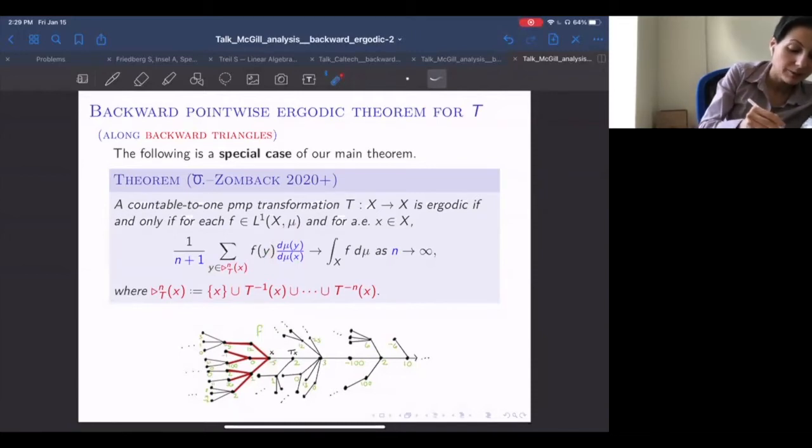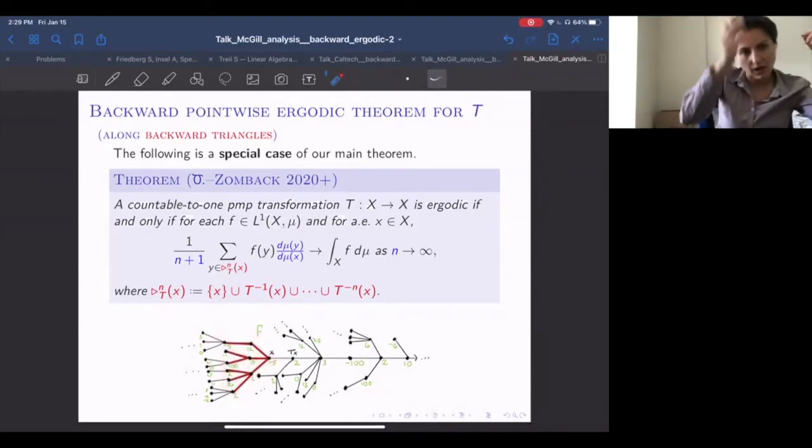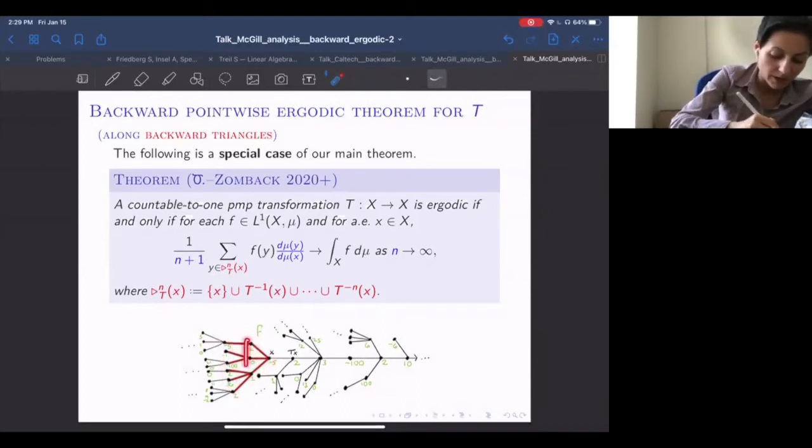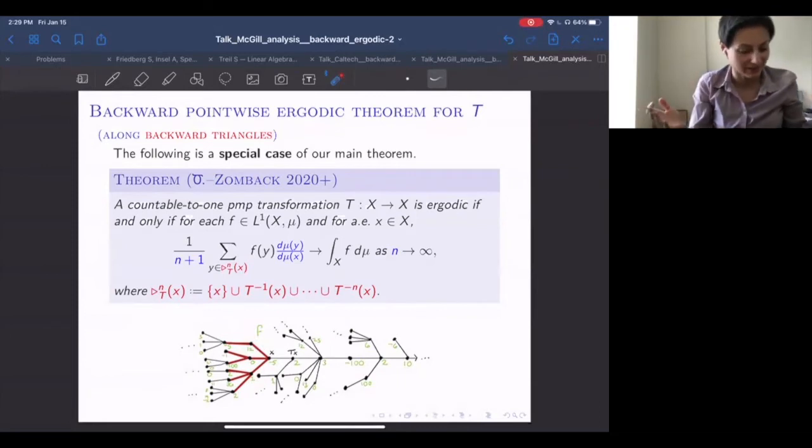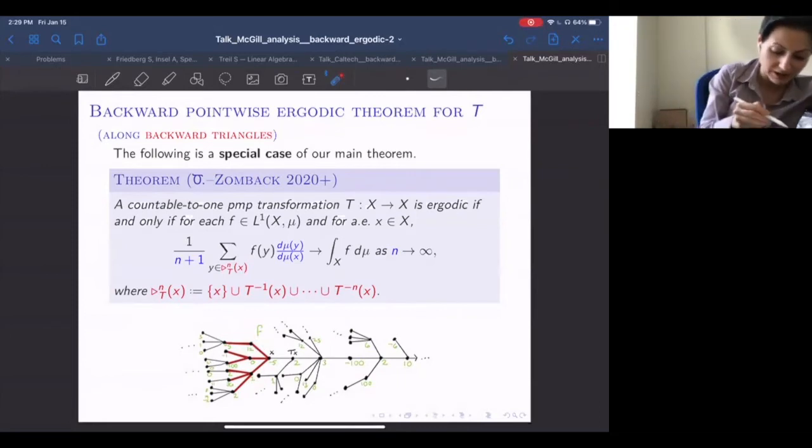And I'm dividing by the total weight, which is n plus 1, because this triangle of height n has precisely n plus 1 columns, and each column has weight equal to x, so relative weight 1. So you get 1 plus 1 plus 1, and so height 2 gives weight 3. So this is the theorem, this special case.